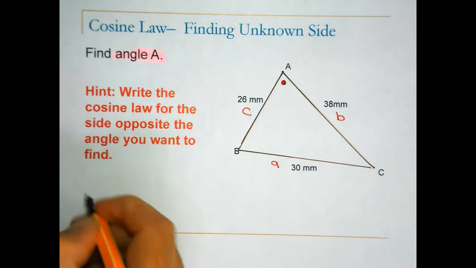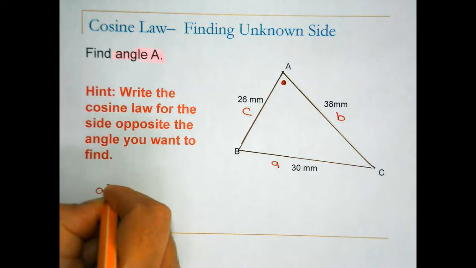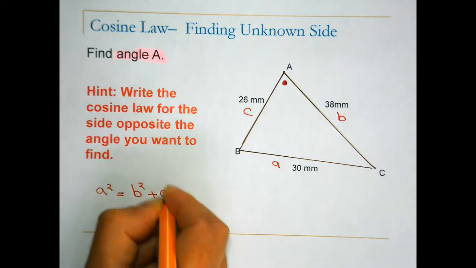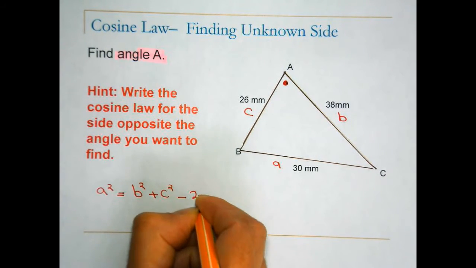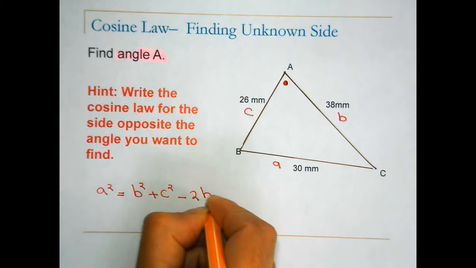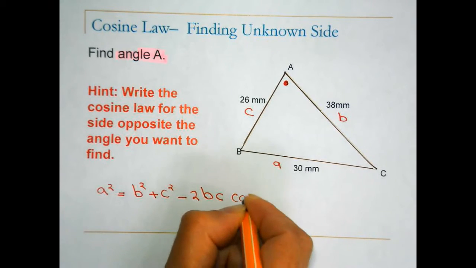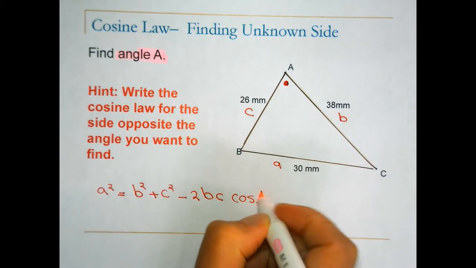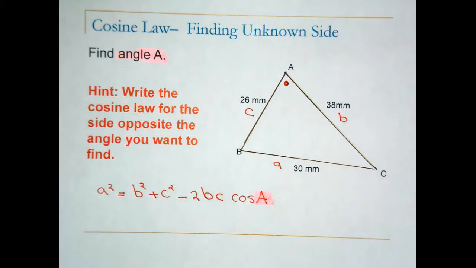That means a squared equals b squared plus c squared minus 2 times b times c cosine of angle A. And at this point, this is the unknown.